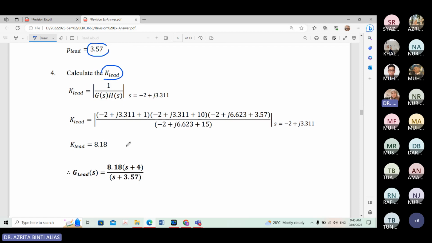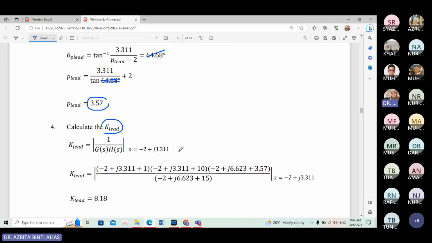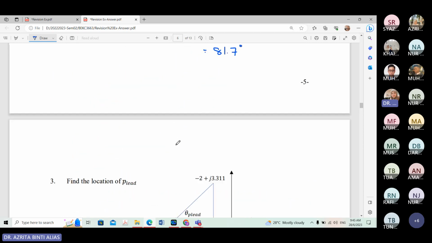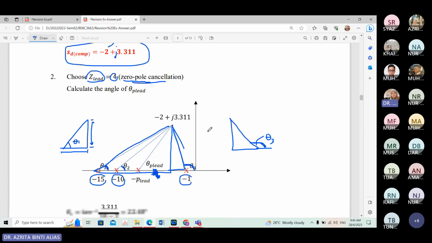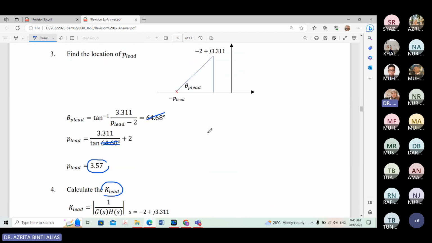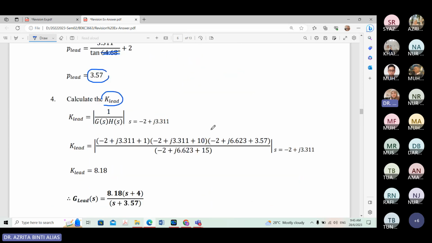So K lead, same as the K lag, we will include the Z lead and P lead. Since the Z lead that we design here is the same as the P from the system, we can just ignore the Z lead and the P pole from the system at -4.